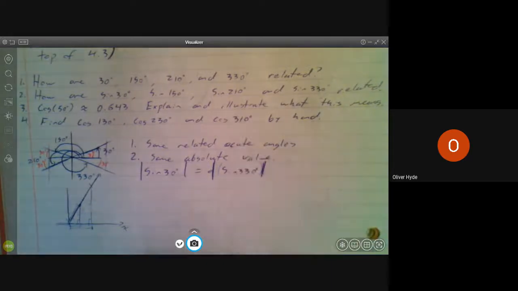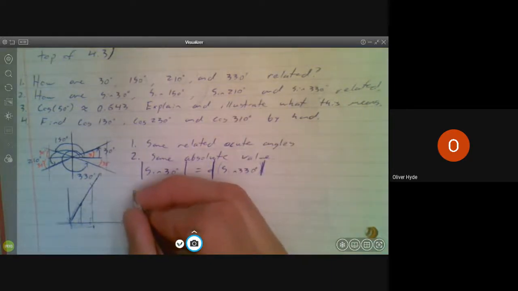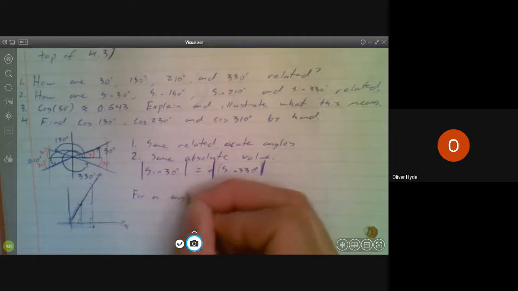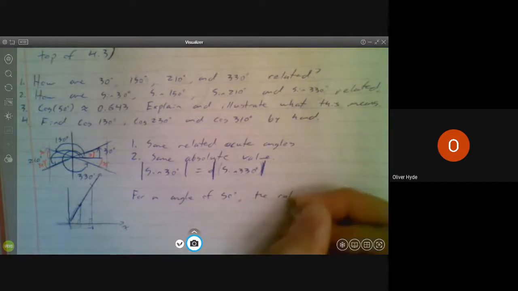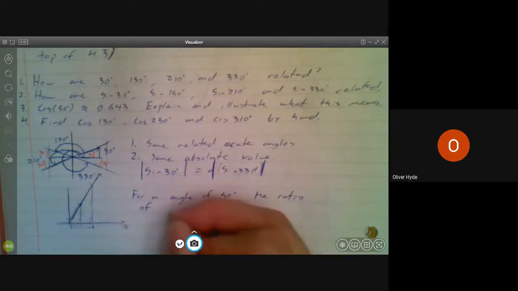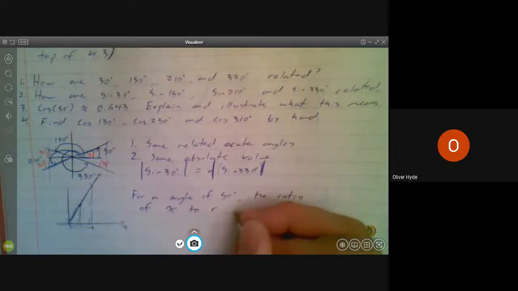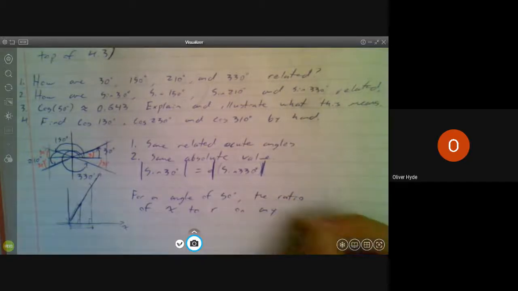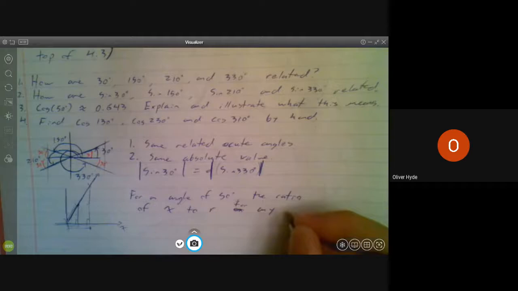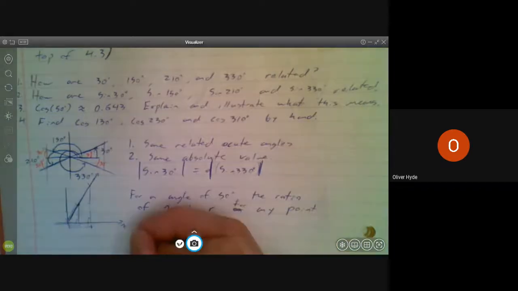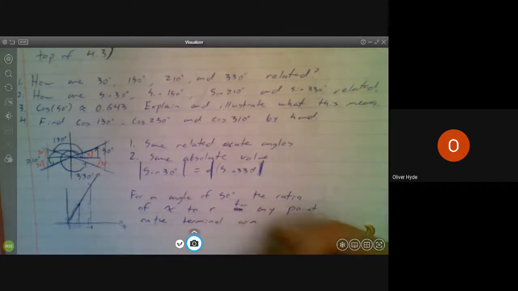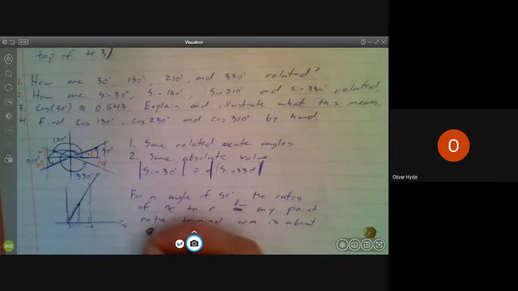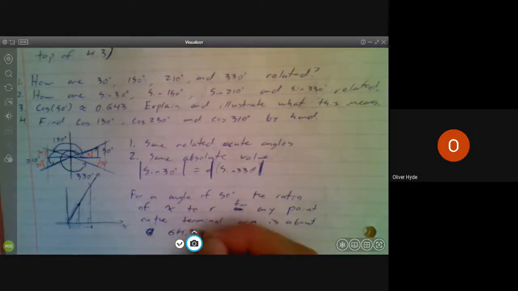So to explain and illustrate what this means, I would say for an angle of 50 degrees, the ratio of x to r, for any point on the terminal arm, is about, I guess I'll change it to a percent, 64.3%.